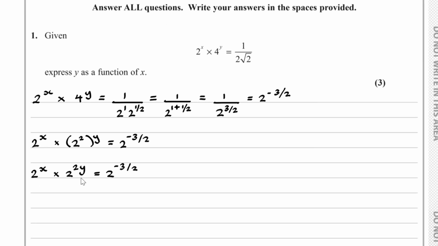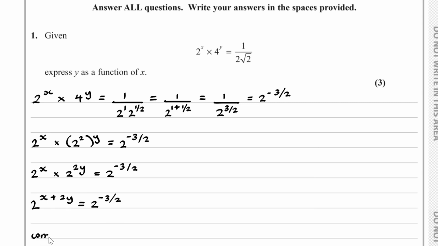And here we have the same base numbers. We can therefore add the powers. So we have 2 to the power of x plus 2y. This is equal to 2 to the power of minus 3 over 2. And we can find y as a function of x by comparing powers.